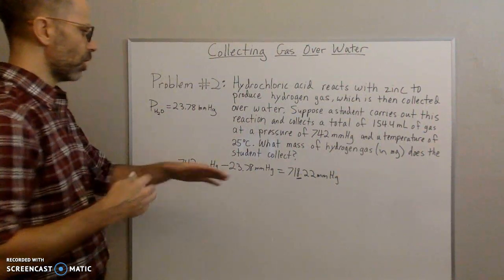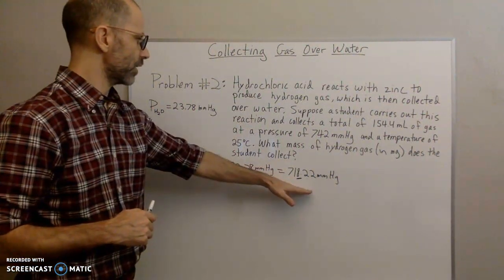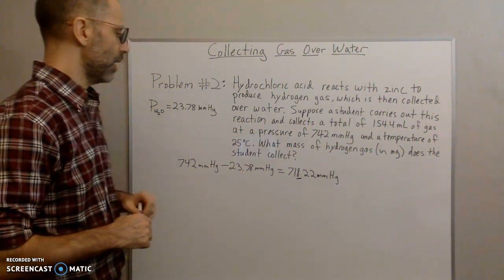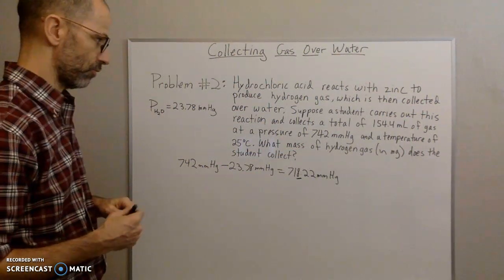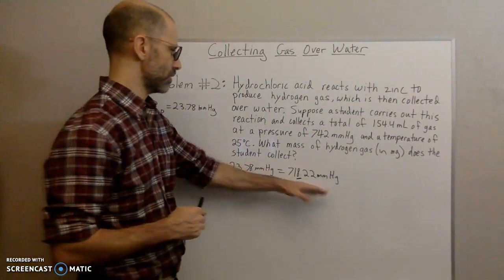Now that I have the partial pressure, I want to use that in the ideal gas law because they're asking for the mass of hydrogen gas. I need to get to moles of hydrogen gas, and I can use the ideal gas law if I convert this to atmospheres.